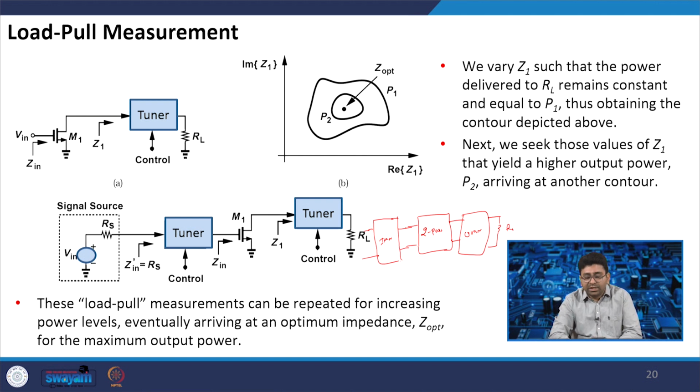We also discussed that gamma in depends upon how we have designed the output matching network, and gamma out depends upon how we have designed the input matching network. So, what we need to do is put in a tuner.